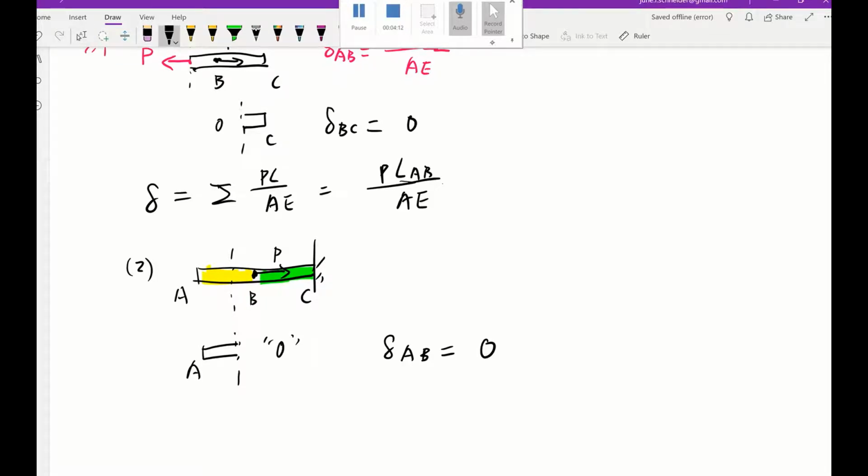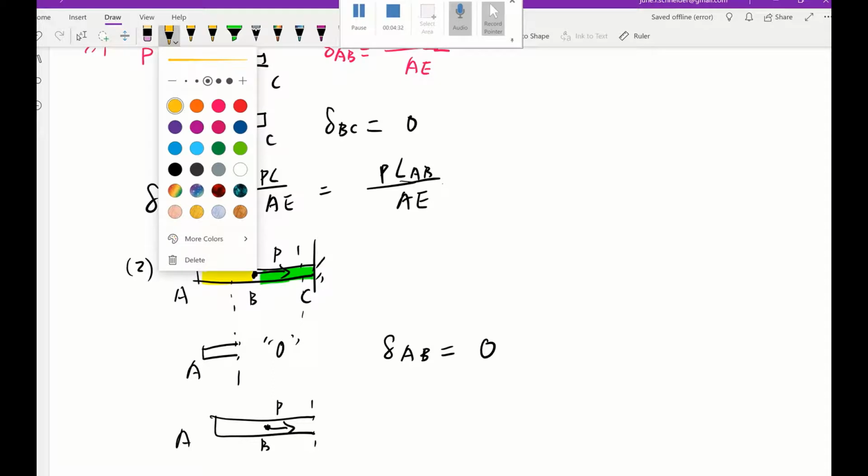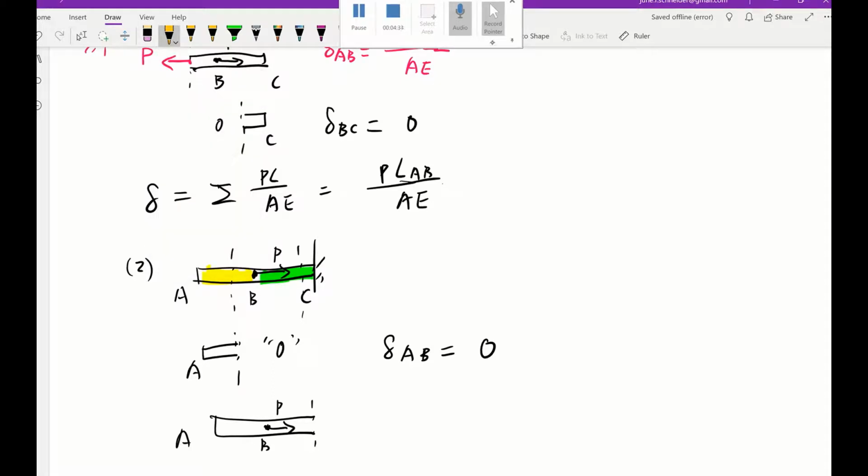However, if I cut anywhere between B and C, so if I cut here, and I look at the left section, A, B has a force P there. If I cut over here, what would be the internal force here?